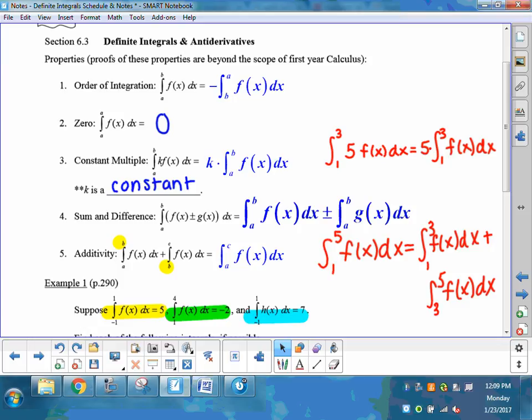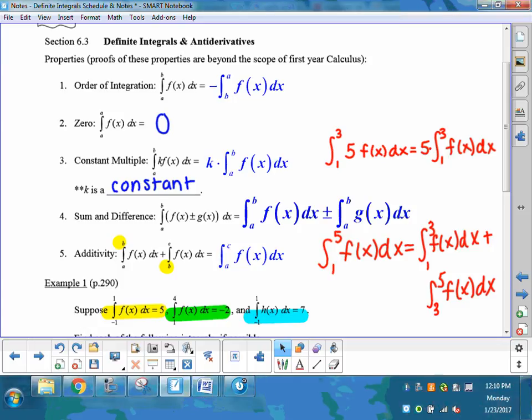Suppose we have these known integrals. The area from -1 to 1 under the curve is equal to 5. The integral under the curve from 1 to 4 of f of x is equal to -2. What does that mean, by the way, if it equals -2? What does that represent? David?